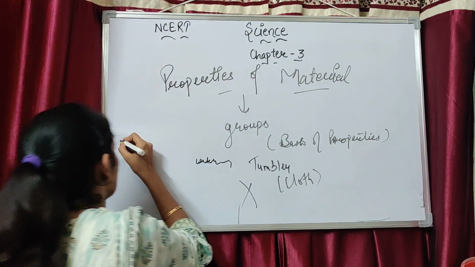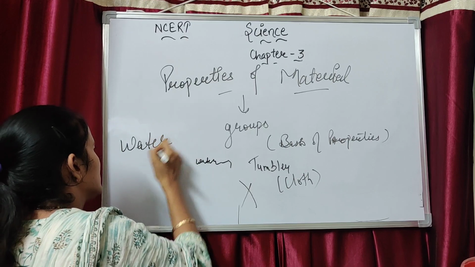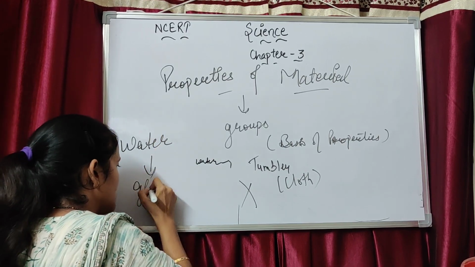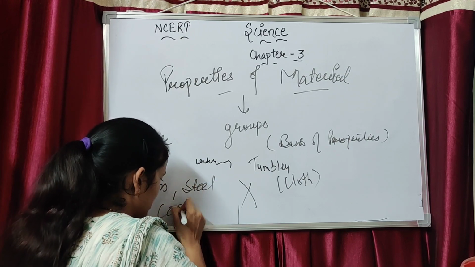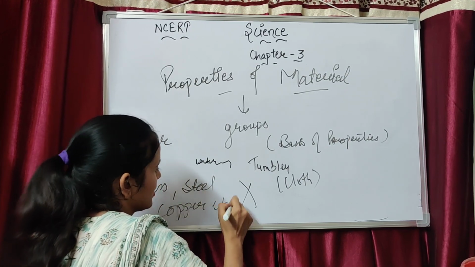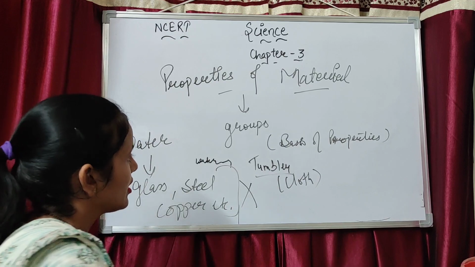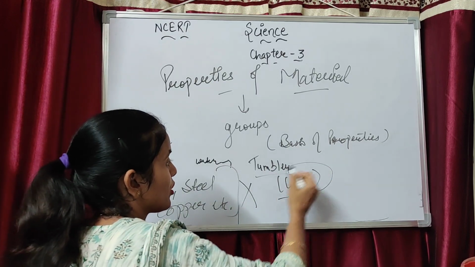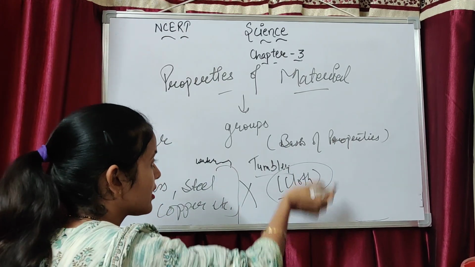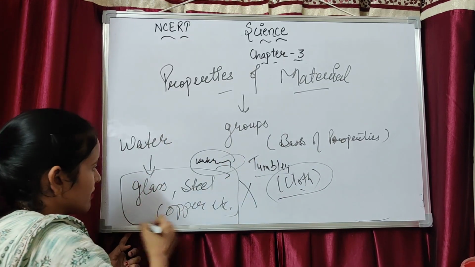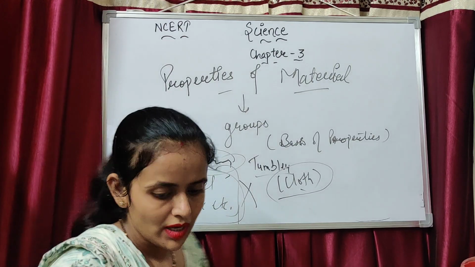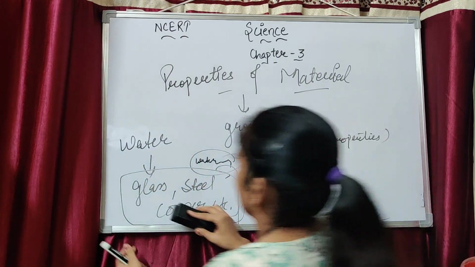So we will store water in materials like glass, steel, copper, etc. Why not cloth? Because it is a property of the material that cloth will not hold water for a long time, but these materials can hold water for a long time.